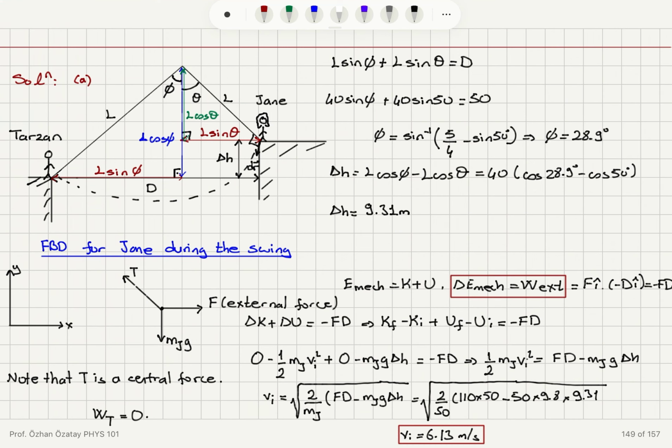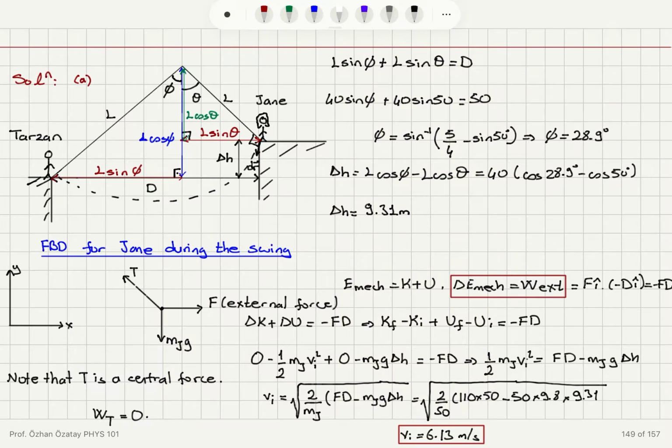Basically, this change in the mechanical energy is due to this external force F. From that, I can calculate the initial speed of Jane, because final kinetic energy will be 0, and I consider potential energy to be 0 at the level of Tarzan and mg delta h at the level of Jane.